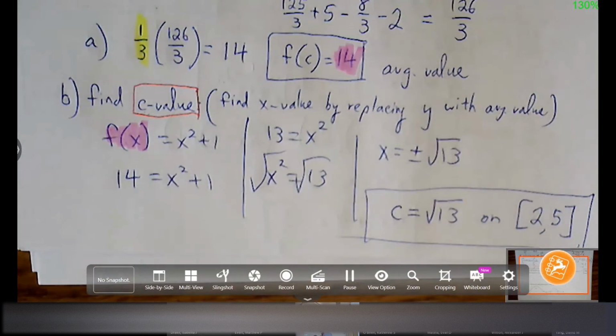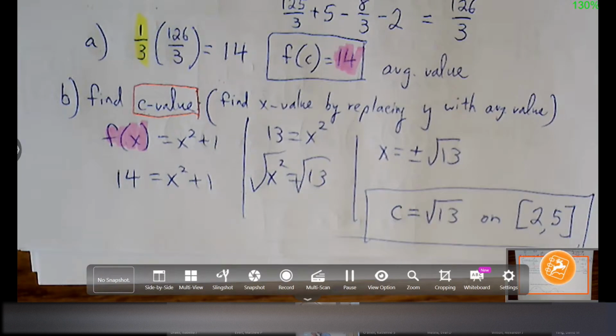Then solve for x. So subtract 1 from both sides, take the square root. I get plus or minus square root of 13. But because I'm starting at 2 and ending at 5, I don't want anything outside of that interval. So negative root 13 is clearly outside the interval, so we only keep square root of 13.